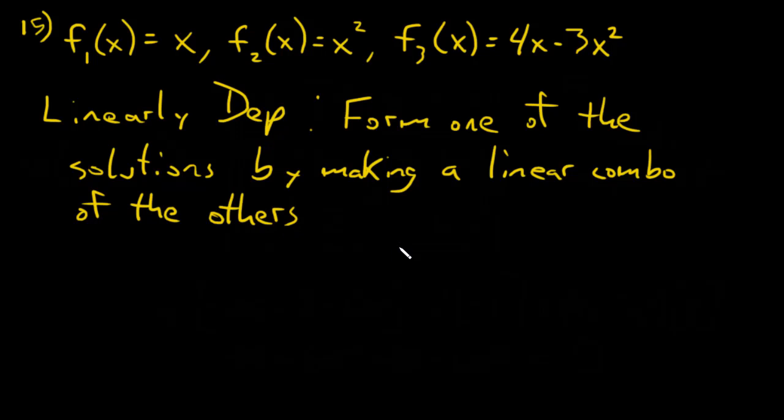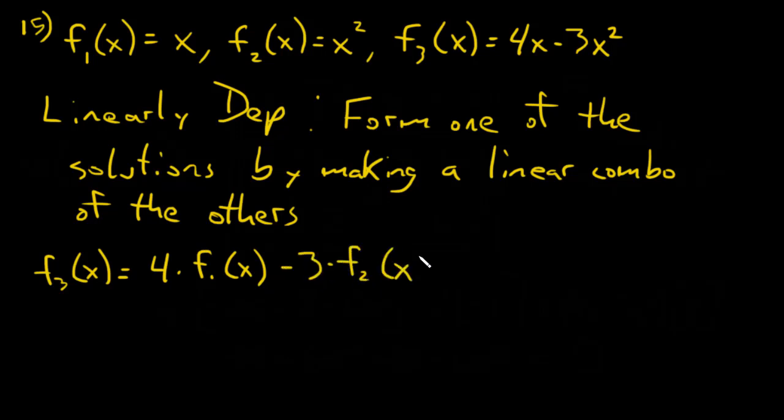Okay, what in the world am I talking about? Well, I note that this third solution here is made up of x's and x squares, and my other functions happen to be x and x squared. So I could say just that f3 of x is equal to 4 times f1 of x minus 3 times f2 of x.